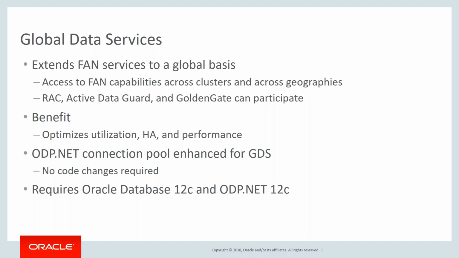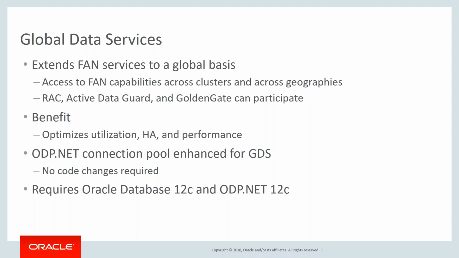So that's automatic. You don't have to make any code changes for that. And I'll talk about what code changes you do need to make for enabling fast connection failover and FAN in just a minute. The other requirement is that you use Oracle Database 12c and ODP.NET 12c, obviously, because it's a new 12c feature.